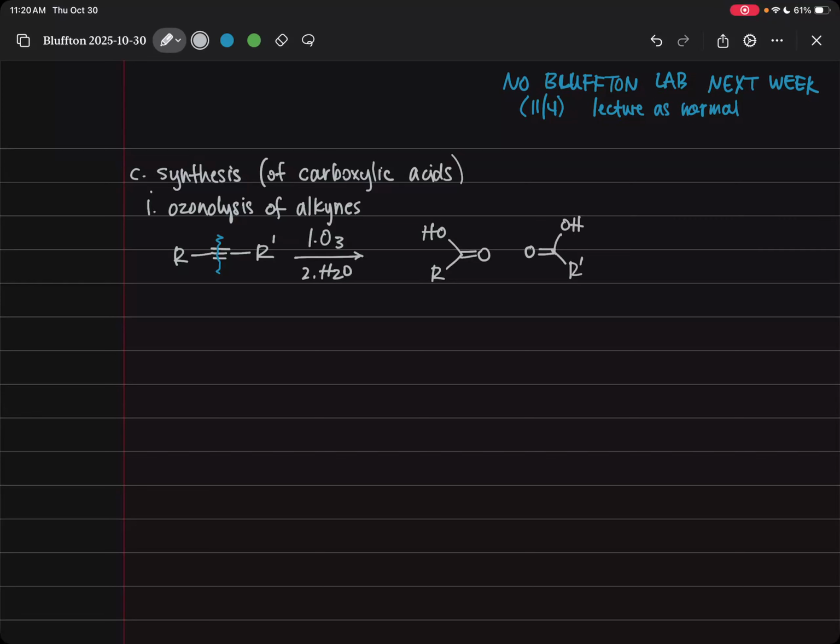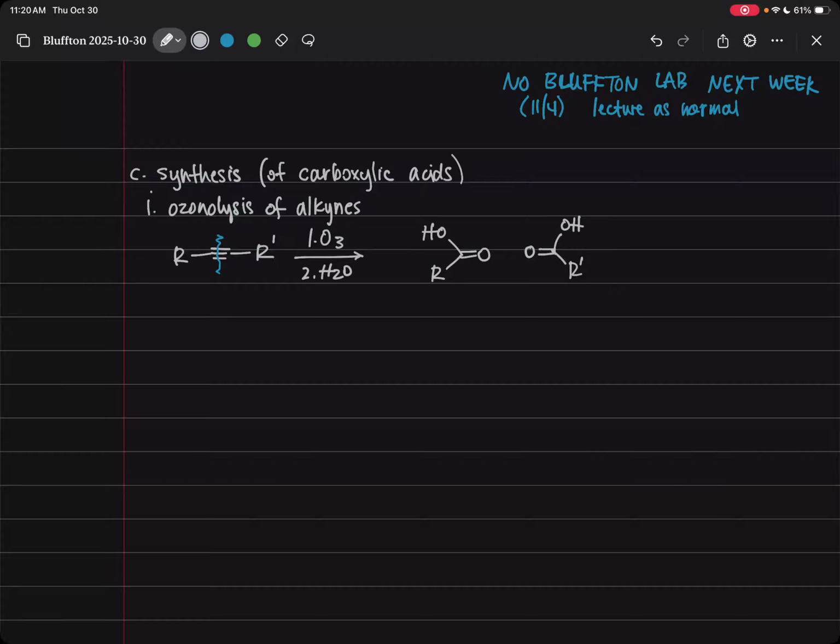We do that on both sides with R and R prime, and so we get 2 carboxylic acids. Now, this is especially useful if R and R prime are the same thing. So if it's a methyl group in both cases, then we'll get 2 molecules of acetic acid, or whatever carboxylic acid you want to make.